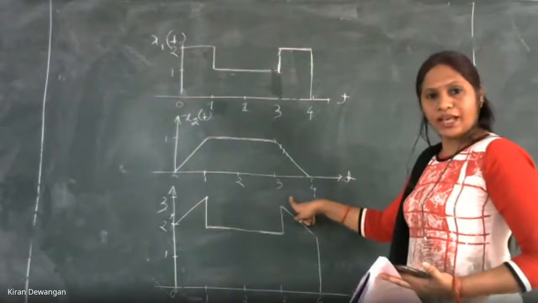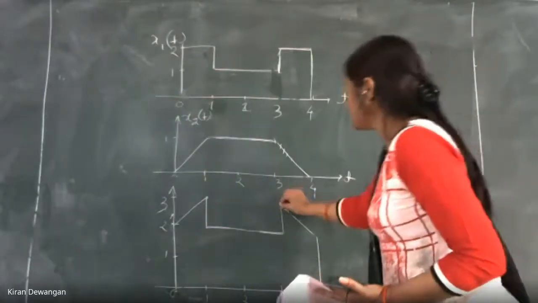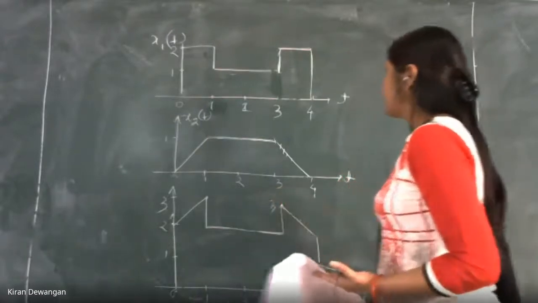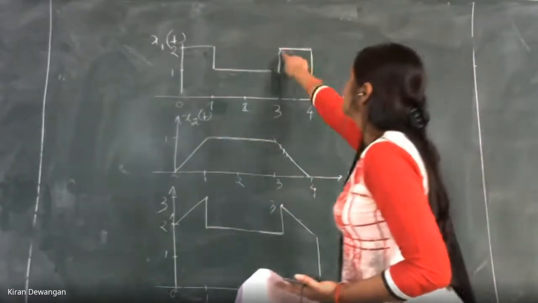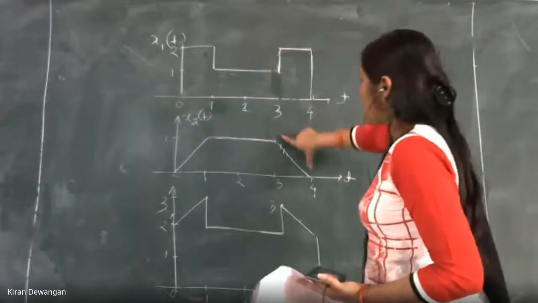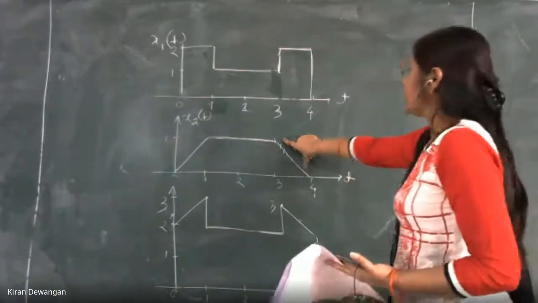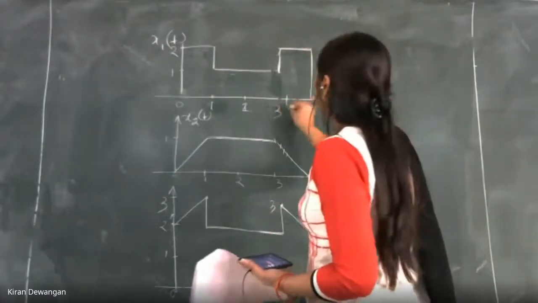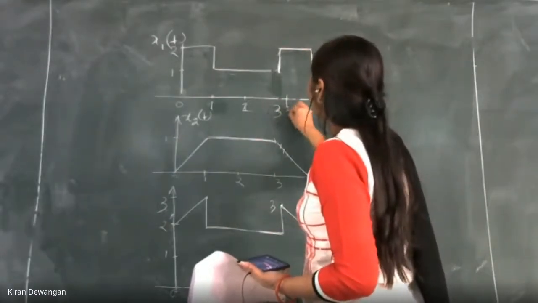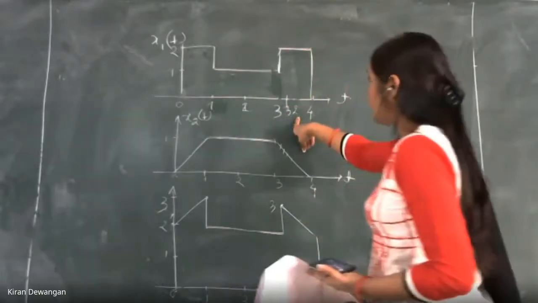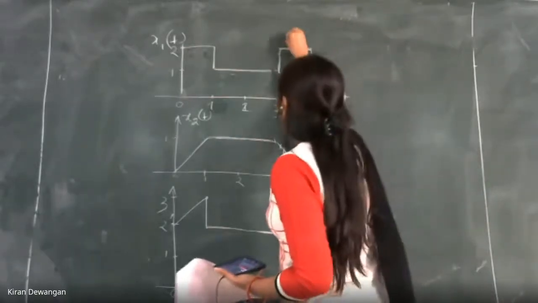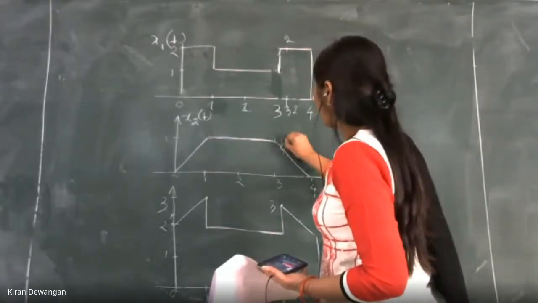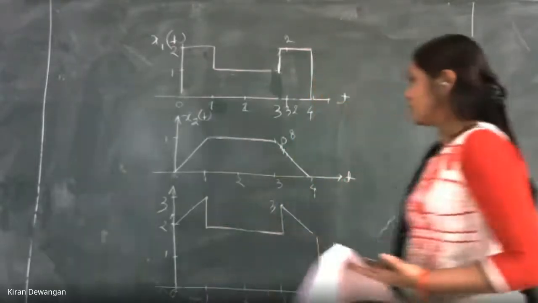At this point the value will be 3. Now at this point this is 2 and these are the different values. Let us take a point 3.2. At the time of 3.2 this value is 2 and at the same time this value will be 0.8.